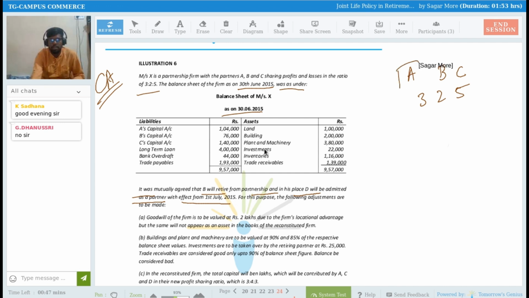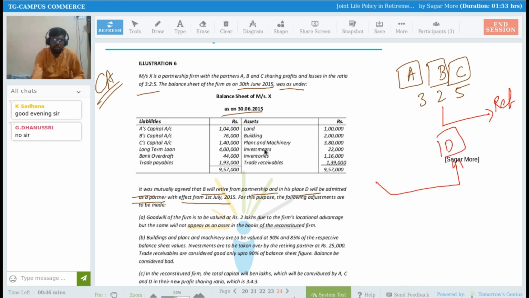At present there are three partners: partner A, partner B, and partner C. It is mutually agreed that B will retire from the business, and in his place D will join the partnership. So it's a mixture of retirement of a partner as well as admission of a partner, from 1st of July 2015.